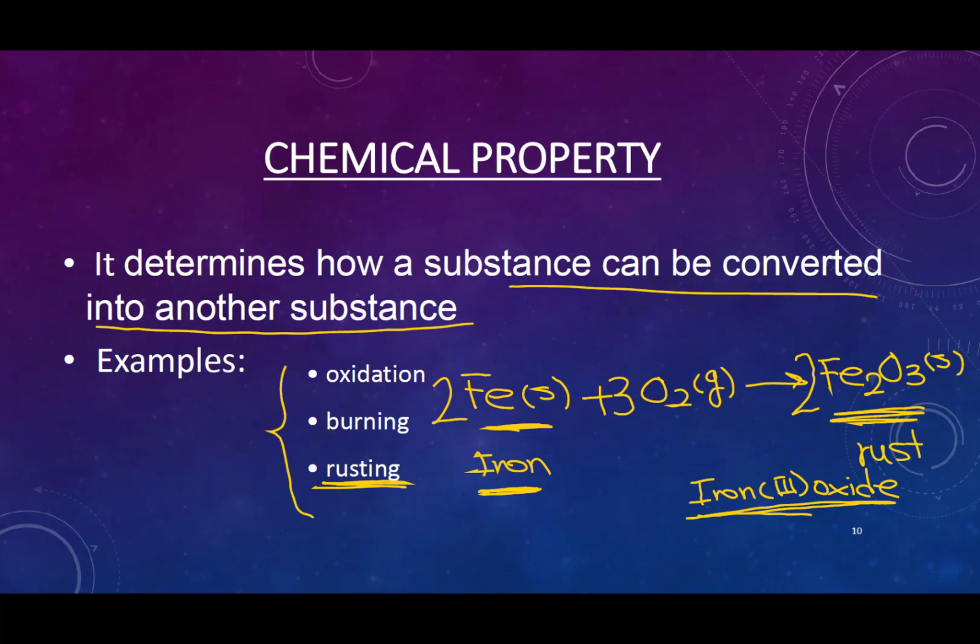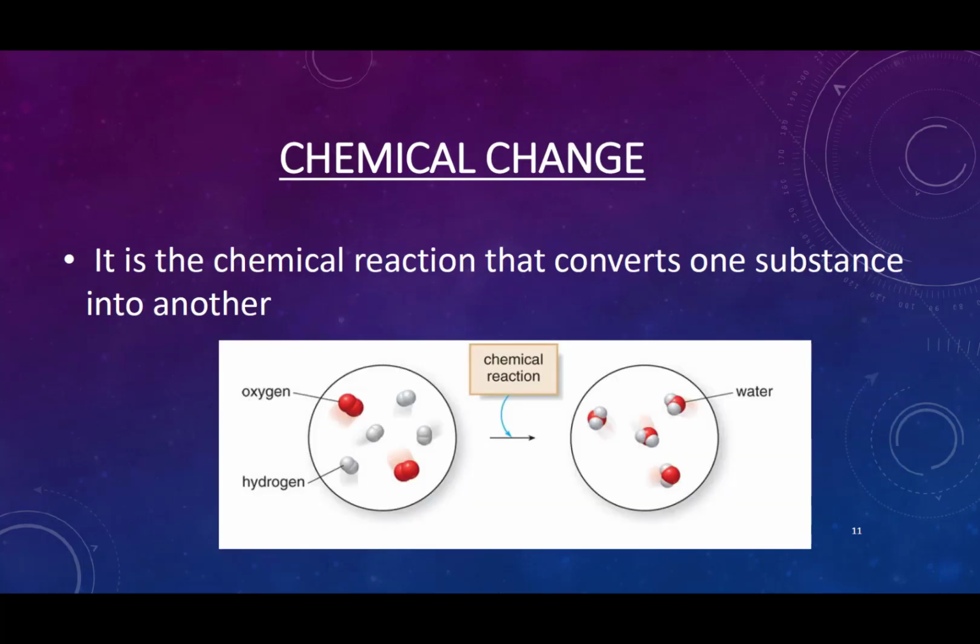Oxidation, burning, rusting, these are all examples of chemical change. Another example of chemical change is when you go to a hairstylist and bleach your hair. It causes change to the composition of your hair. That's also a chemical change.